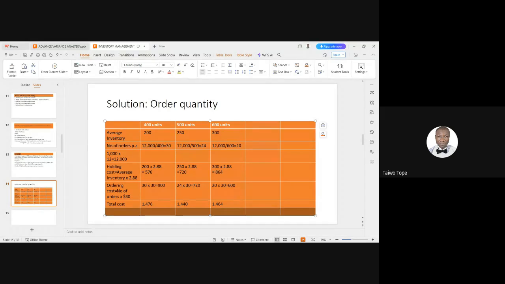It means the best order we can make in every order is to go with 500 units because we have the least cost here of 1,440 compared to 1,476 and 1,464.